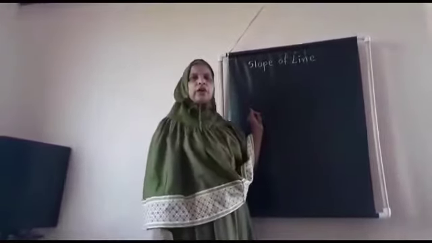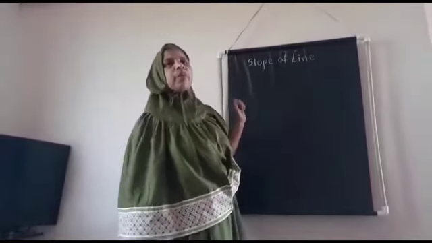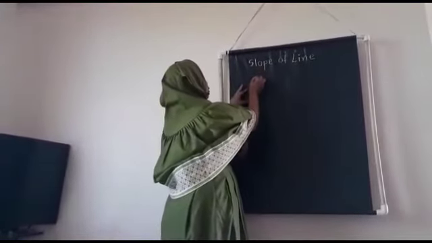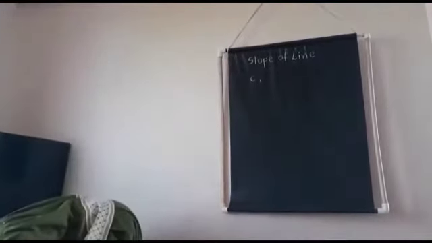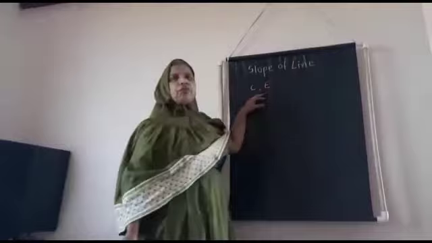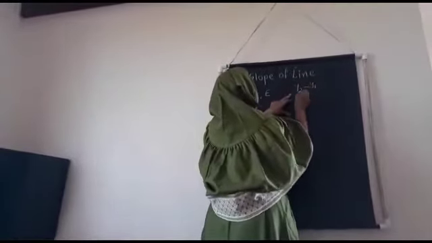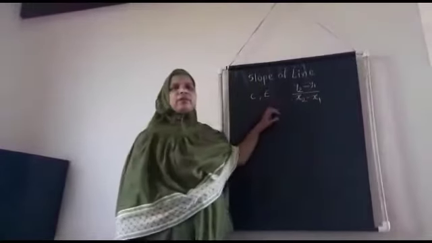For that, one activity is given in your textbook on page number 170. Just go through that activity. From that activity, when the coordinates of 2 points, for example point C and point E, are considered, and if we calculate the ratio y2 minus y1 upon x2 minus x1, we get some answer.